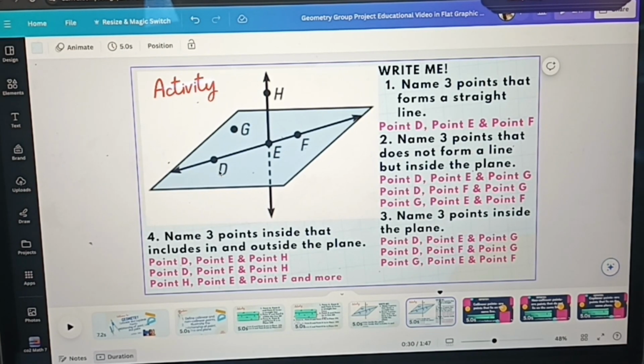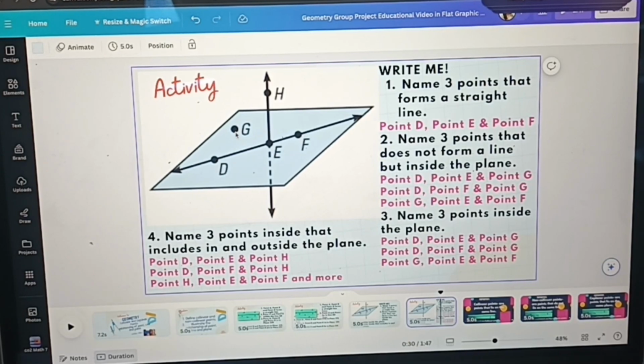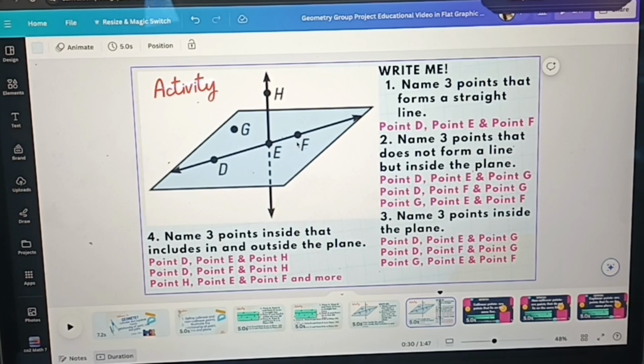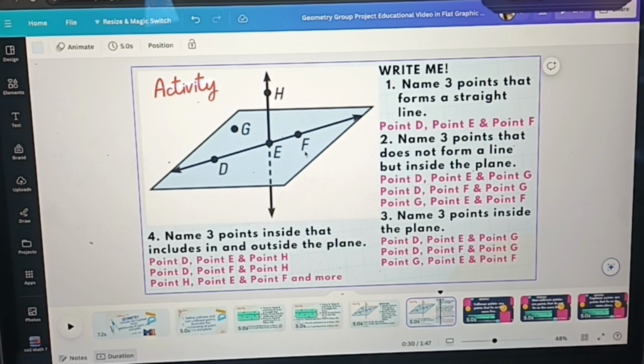Another one, we have point D, point F, and point G, also points inside your plane but do not form a straight line. We have point G, point E, and point F, also points that do not form a straight line but are inside your plane. Okay, let's proceed to number 3.